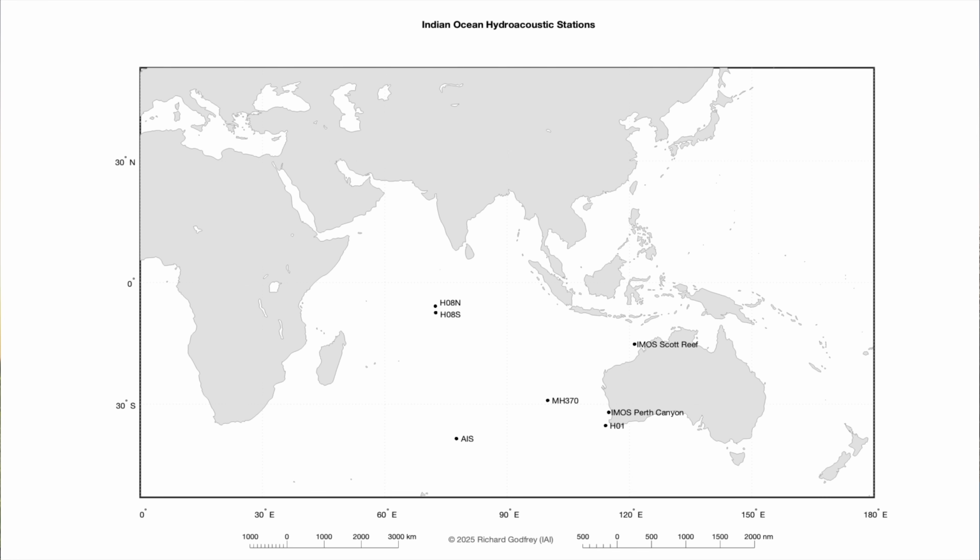Los Alamos National Laboratory said that there were only 3 potentially applicable stations where signals of interest could be identified. That's H01, H08, and AIS. H01 is Cape Leeuwin, H08 is Diego Garcia South, and AIS is the Geoscope station on Amsterdam Island. And of these 3 stations, only H01 has a very interesting and potentially applicable arrival.